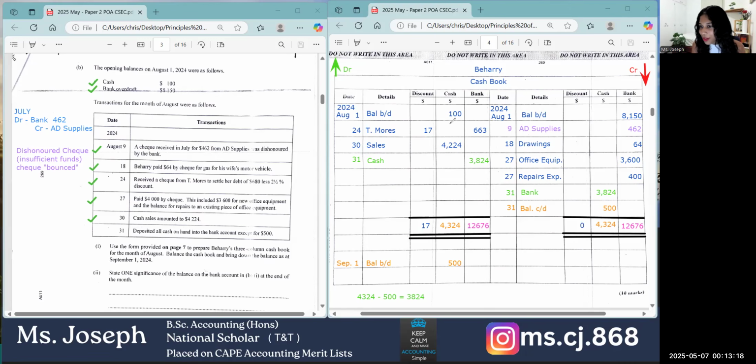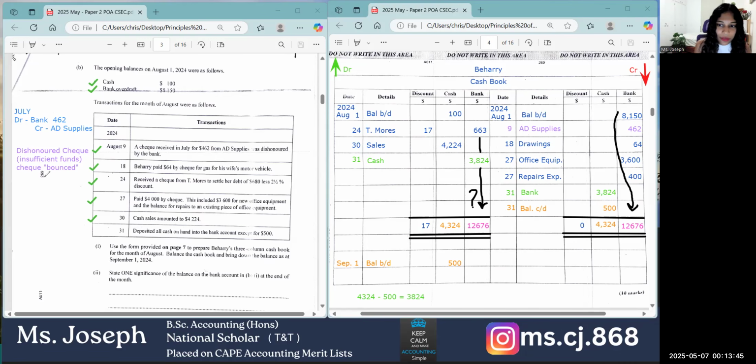And again, we already know all of these add up to this. So what you need to do is on the lesser side, which is the debit side, you need to find a difference. How much are we missing to make that figure? So we're going to say on the calculator, 12,676 minus 3824 minus 663.